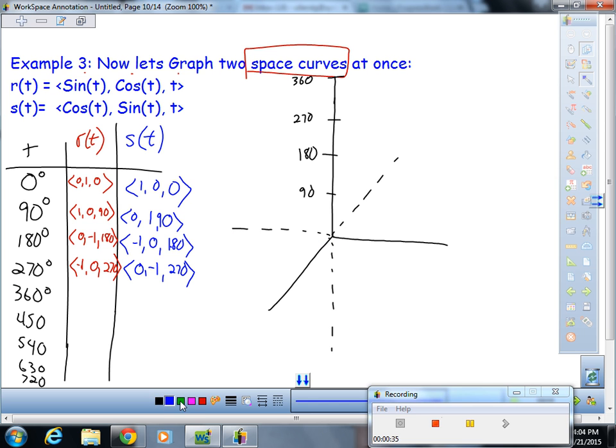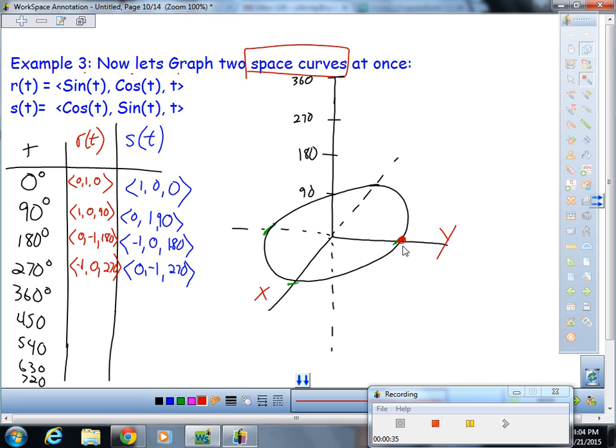Okay, so we'll have a little 1, 1. Okay, so let's write. Alright, so what we're going to have here, our first point on our red one, will be 0 in the x, 1 in the y.